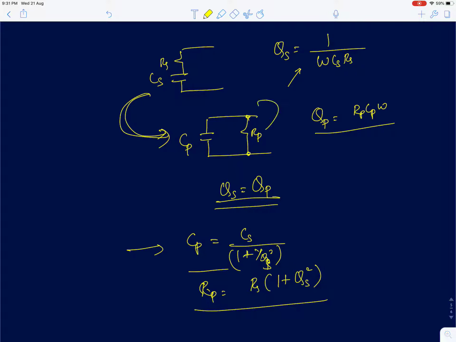If RS is 0, then RP will actually be infinity. When you actually make this conversion, you can easily show if RS is 0, QS is infinity, and even though RS is 0, this result will tend to infinity. Okay, for a parallel RC network, for it to have no losses, RP should be infinity. So these equations will capture that.